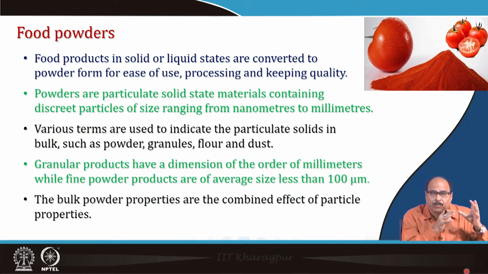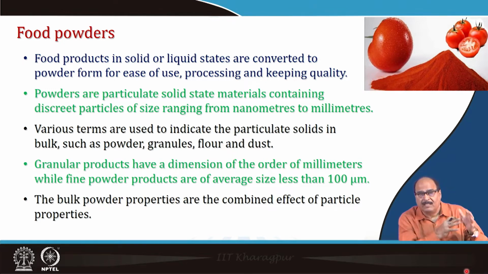So, either the solid food material or the liquid material is generally converted into powder using one or the other technology, just to have ease of use, ease of processing and for keeping quality.